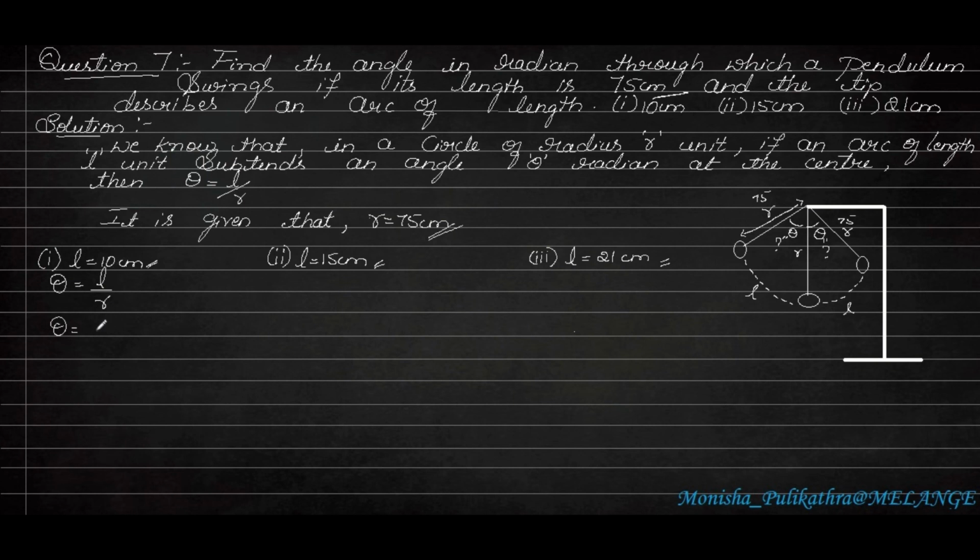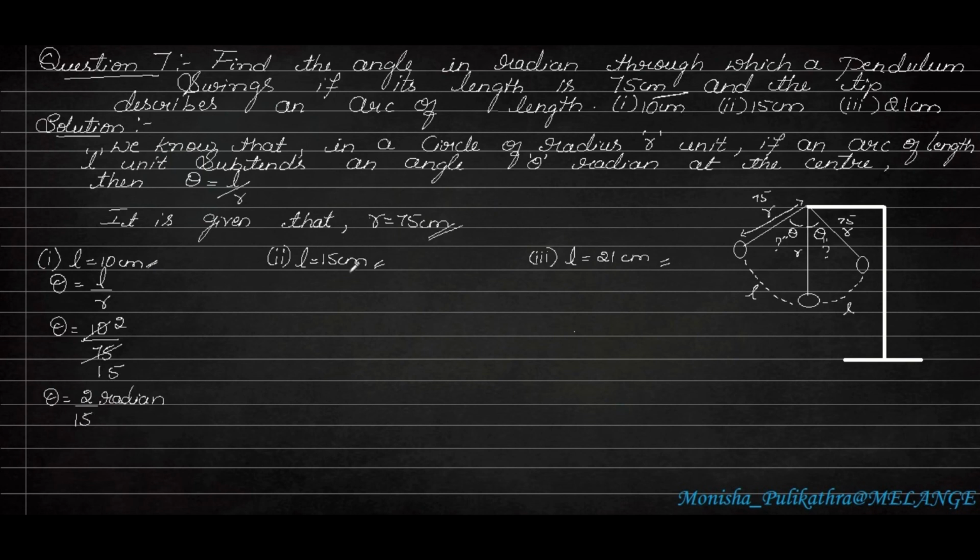L is 10 and radius R is 75. So I will be dividing it by 5. So 5 2s are 10, 5 1s are 5, 2 carry, 5 5s are 25. So in the first case, theta is 2 by 15 radian. So when the arc length is 10 centimeter, the angle made by the bob or the pendulum will be 2 by 15 radian.